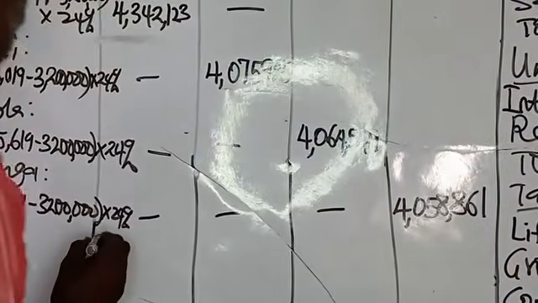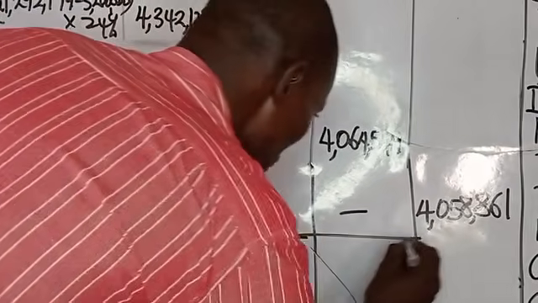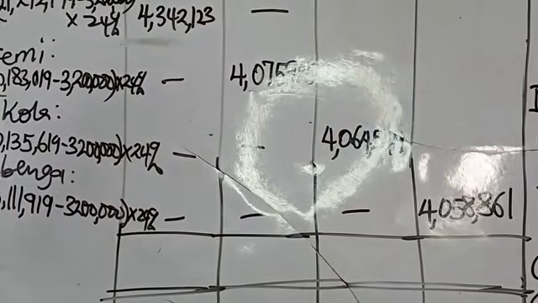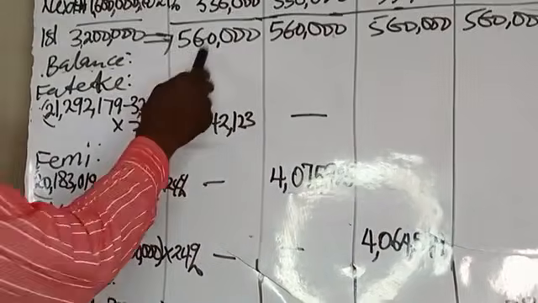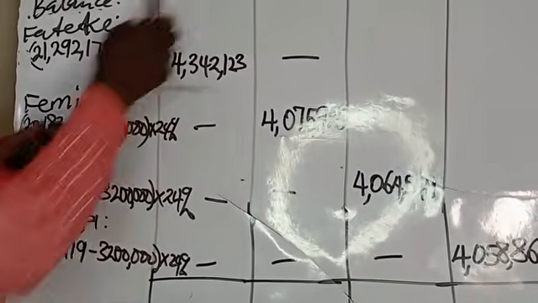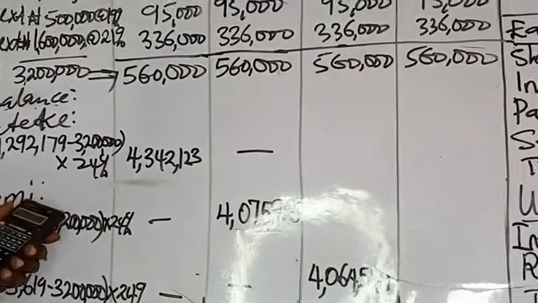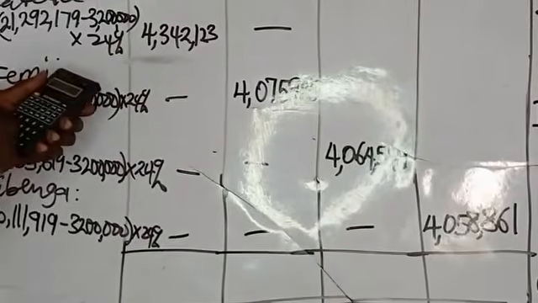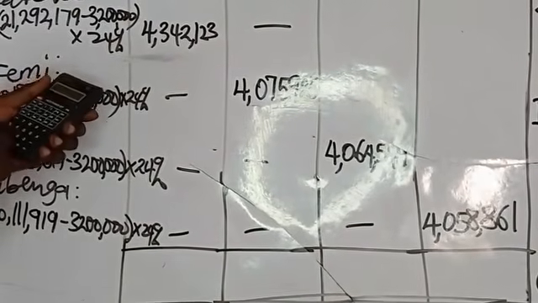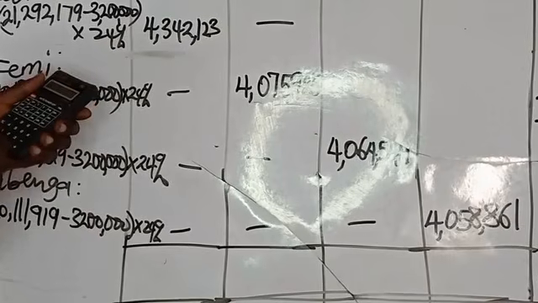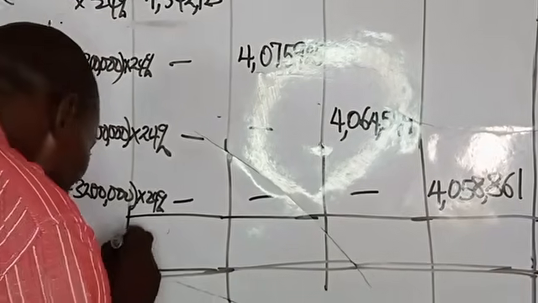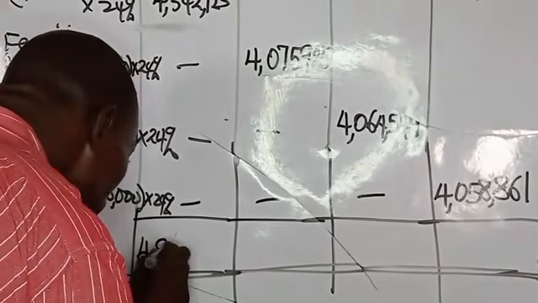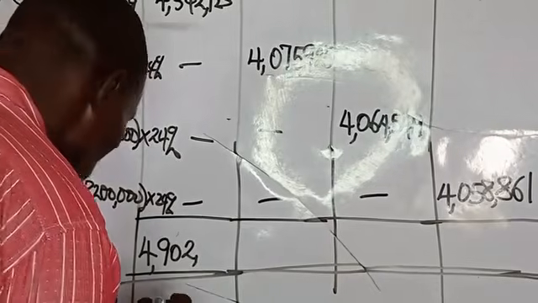So you sum it up to get the tax payable. For Fadeke, 560,000 plus 4,342,123 is totaled 4,902,123.